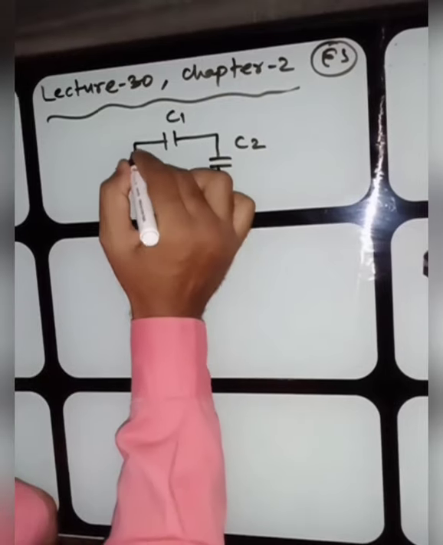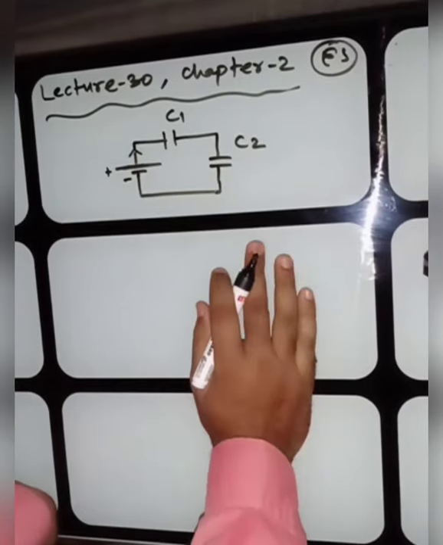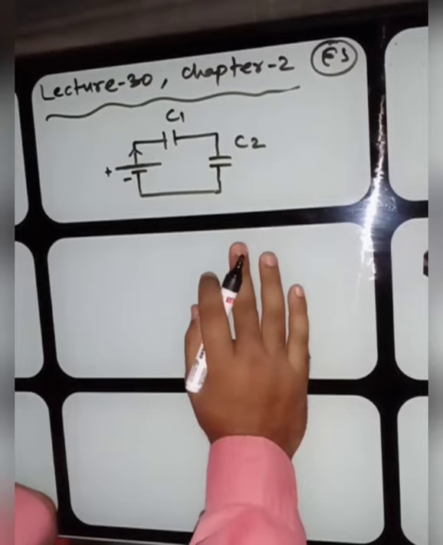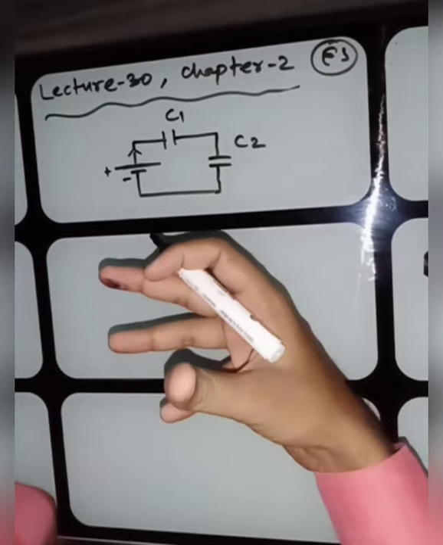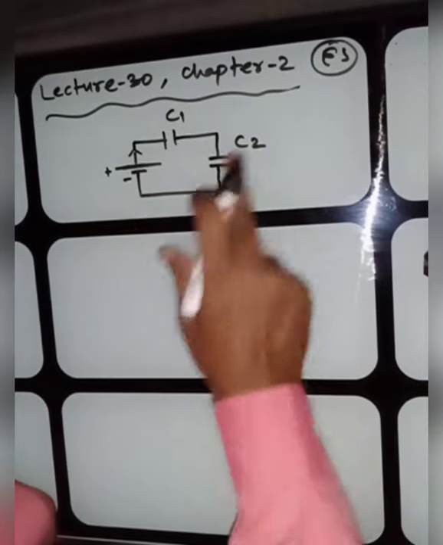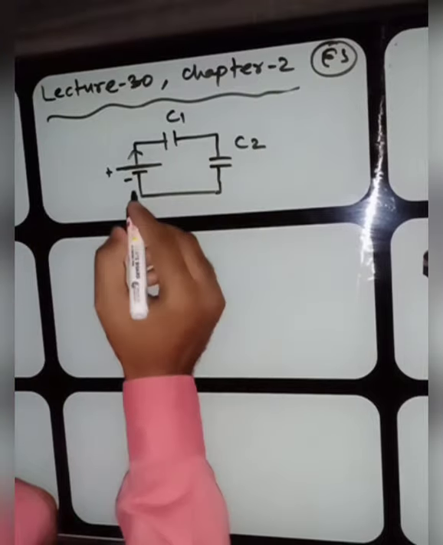Okay, my dear students, charge will flow in this one. Remember, the direction of charge you have to represent by the battery which has the highest potential. Since here there is only one battery, this will be the direction of charge from positive to negative.